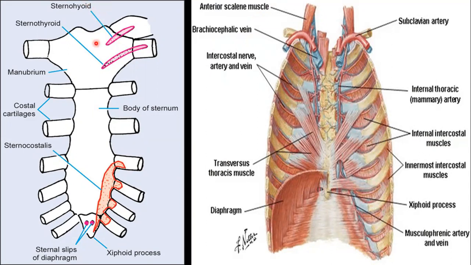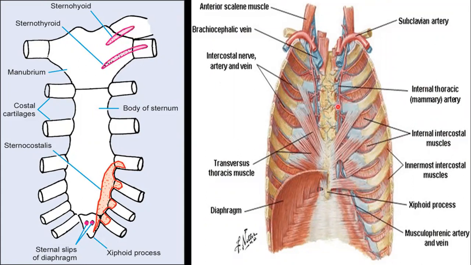Second is pectoralis major, which arises from the manubrium. Then we have the rectus abdominis that is inserted in the xiphoid process. Then we have our external oblique muscles, then internal oblique muscles, which you need to remember in the anterior surface.